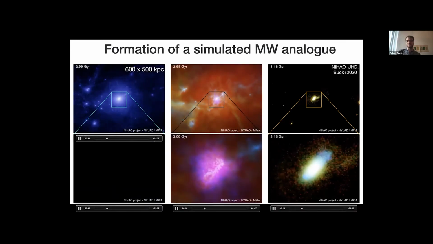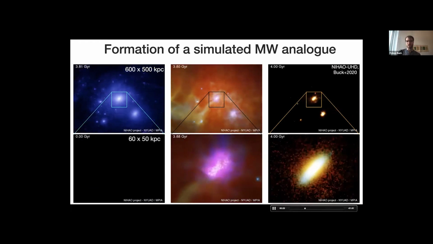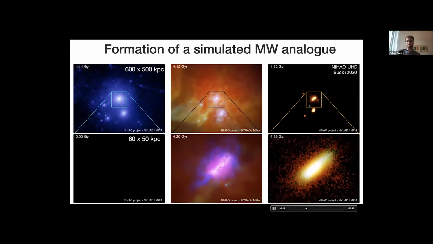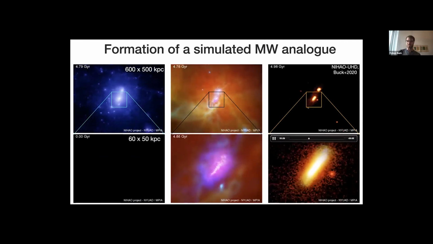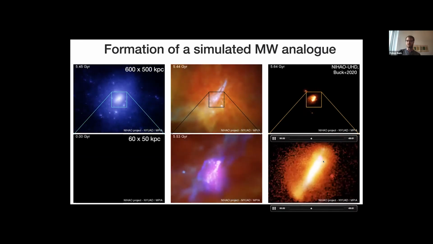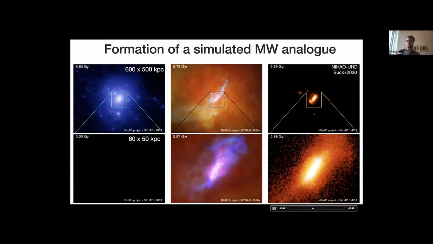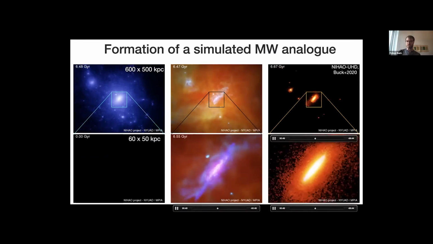This is showing the evolution of a Milky Way in a cosmological context. Similar to the movie Chiaki showed, you can see that the disk is forming in the center, but there are lots of satellites moving around, getting disrupted, merging with the disk, puffing it up. There are stellar streams emerging at some point.